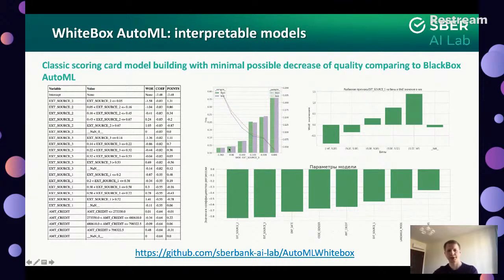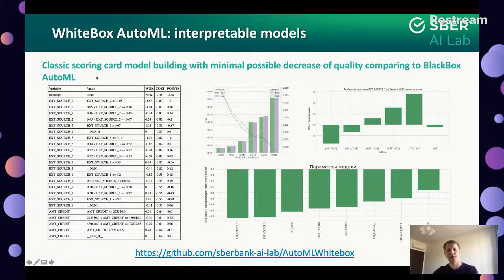What is a classic scoring card? An example of it is on the left, and here we have a simple table where we have some points for the intercept, and some points for each bin of each feature.